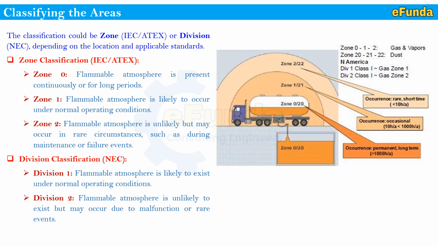As you can see in the example where fuel is carried and the zone markings are done, zone 0, zone 1, zone 2 are provided and occurrence rates are also specified here. This is how the classification of area is very important after the identification stage while designing or preparing hazardous area classification design drawings.